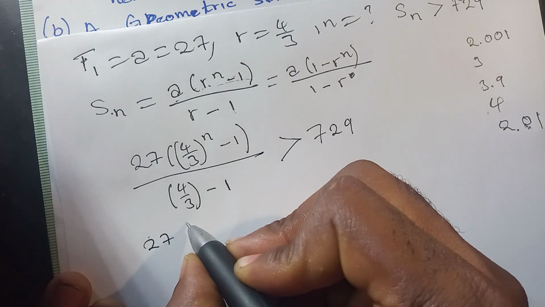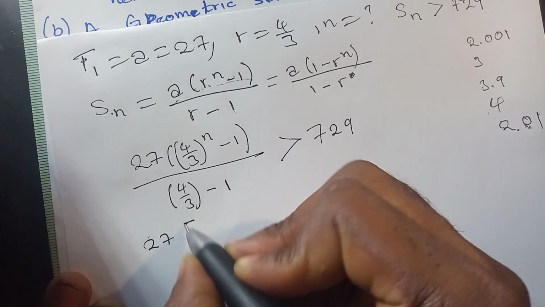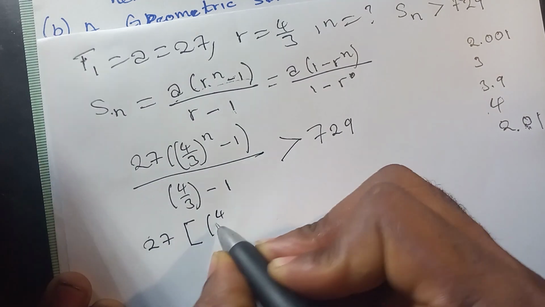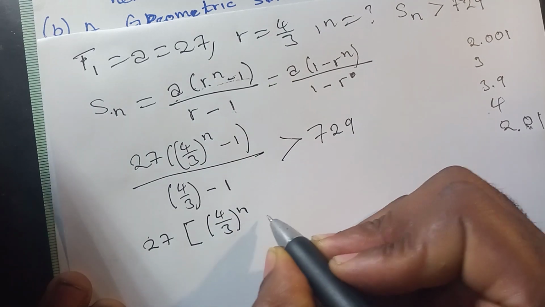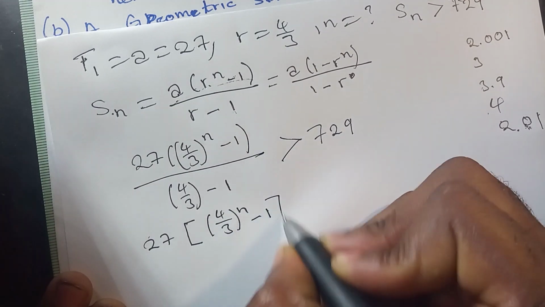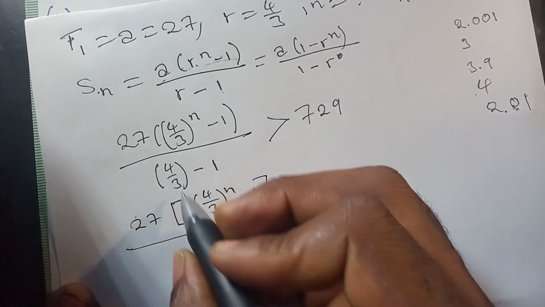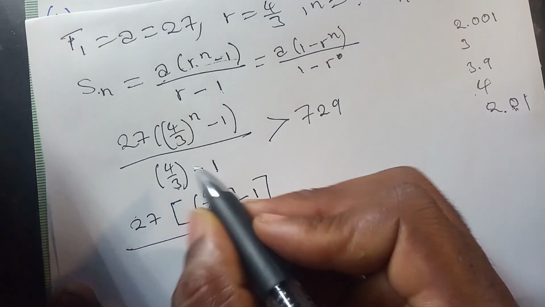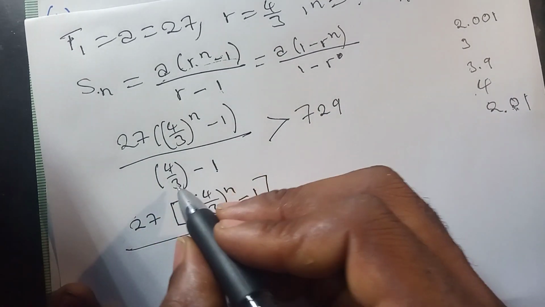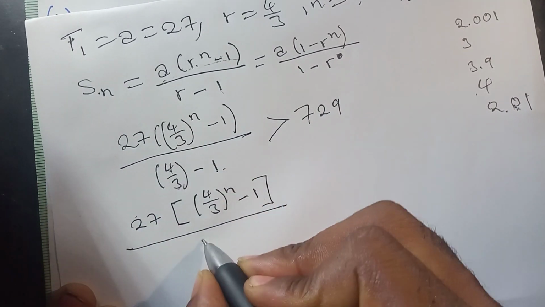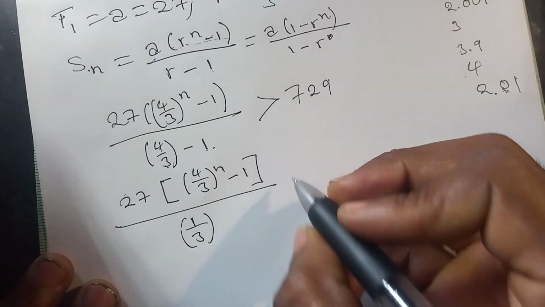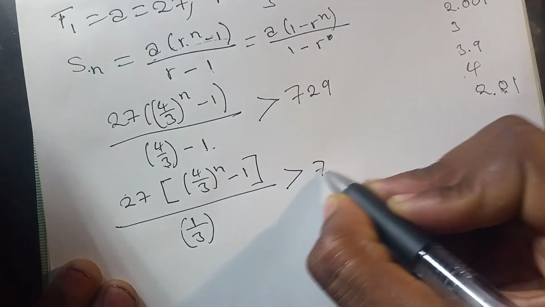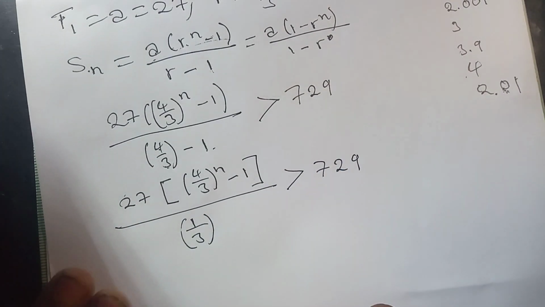I think I'll need a calculator for this, because I can see we have logs. So this multiplied by this minus that, so that's a 3 minus 4. This would be 1/3, and this is greater than 720.